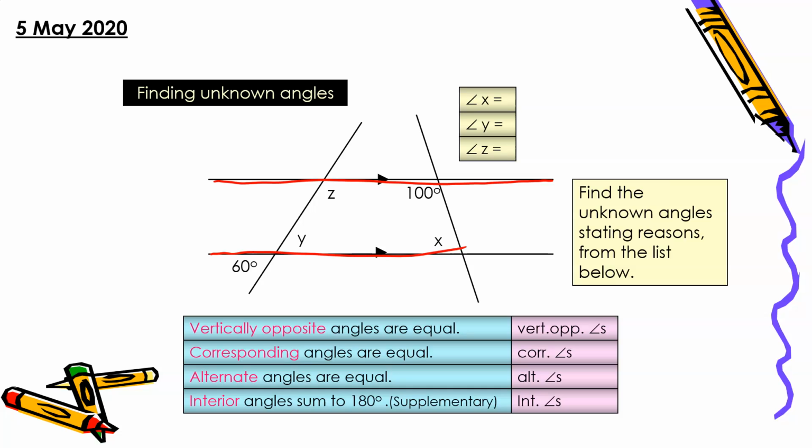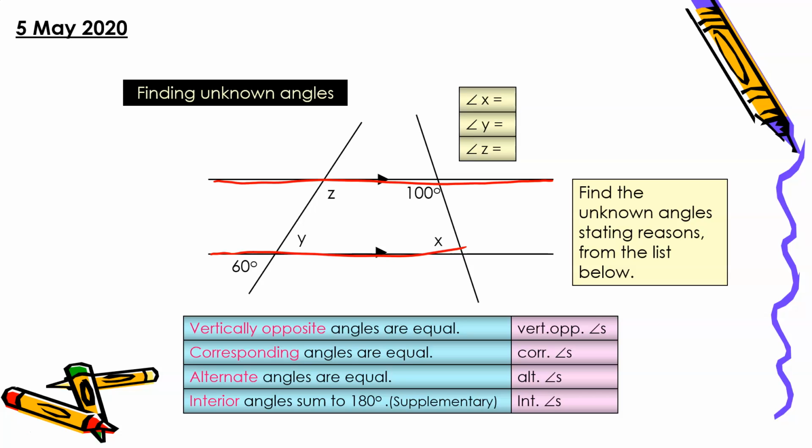looking at this diagram, you can see the red lines are the parallel lines. The other lines aren't parallel because they don't have arrows on them. So we have to use a combination of the rules to try and work out answers. So if we take a look starting with X, and it's not always the case, but if you follow the missing letters by alphabet, it usually tells you the path that you need to take to work out the answer.